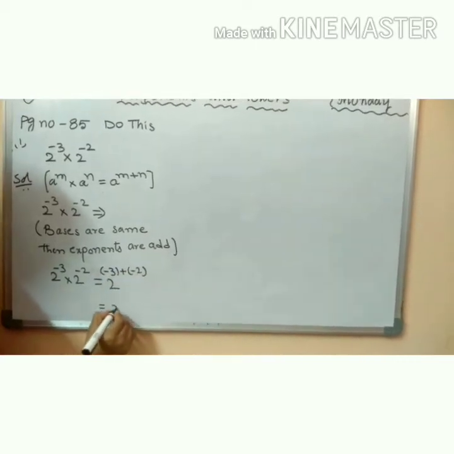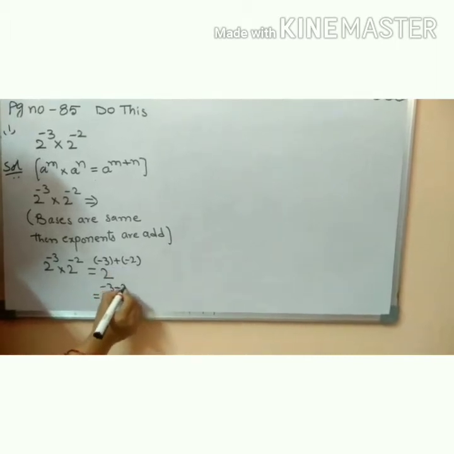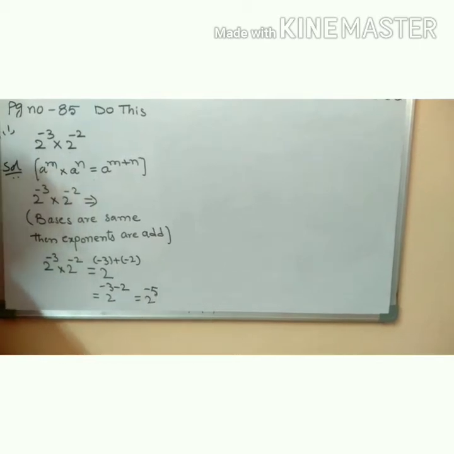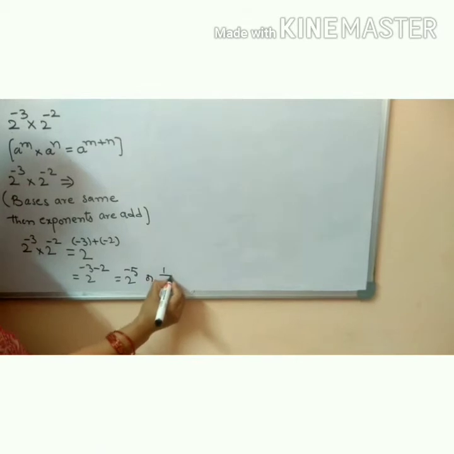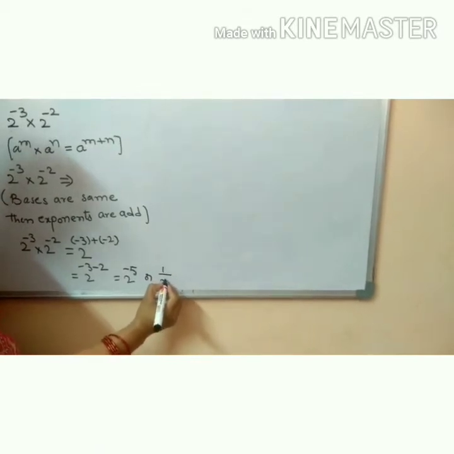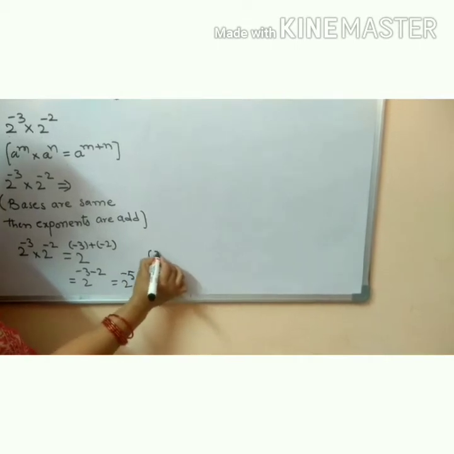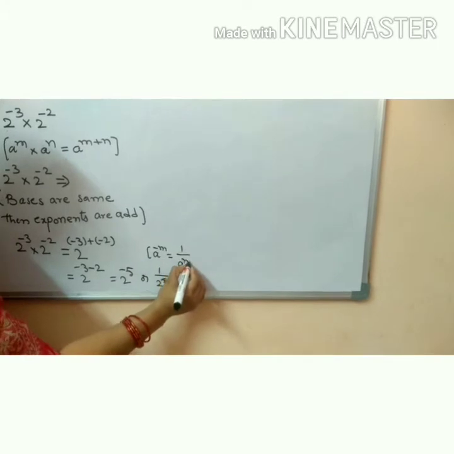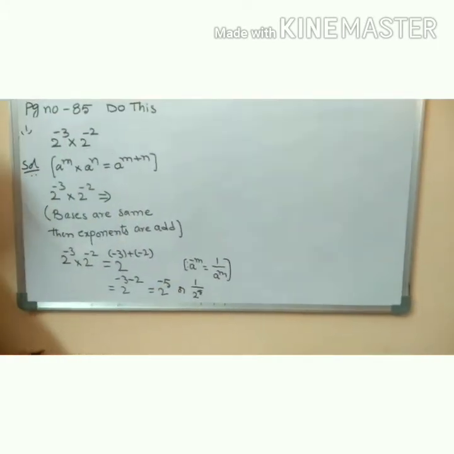So here 2 power minus 3 plus into minus minus 2. Here write 2 power minus 5. Okay. It is also 1 by 2 power 5, because of the a power minus m formula, you will write 1 by a power m. Okay. Did you understand? Okay, enough.